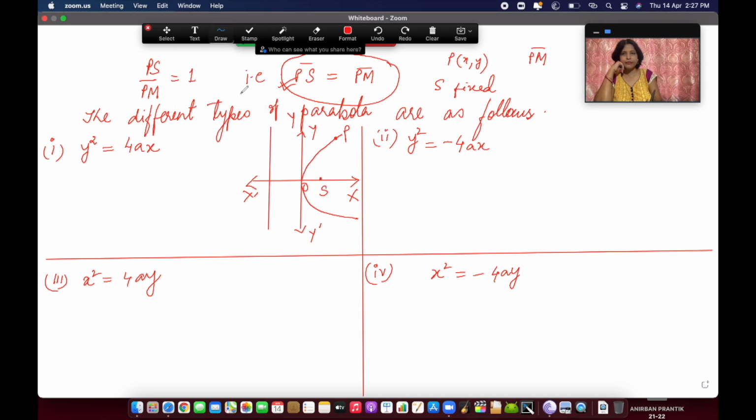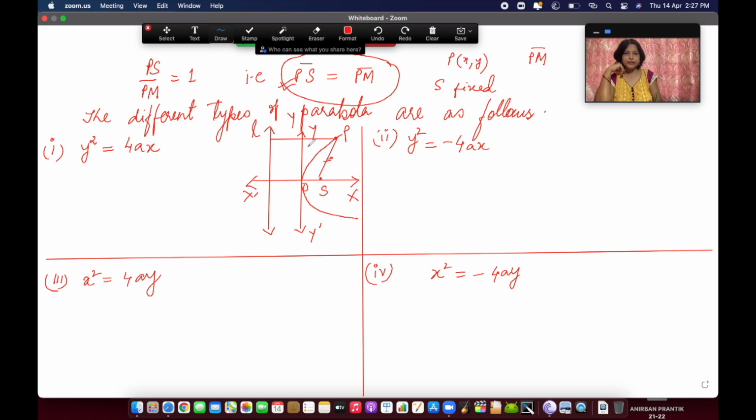and let me name this line as small l. Now this distance, that is from P to the line l, the perpendicular distance, should be equal to the distance of P from the fixed point S. Only then we get a parabola.